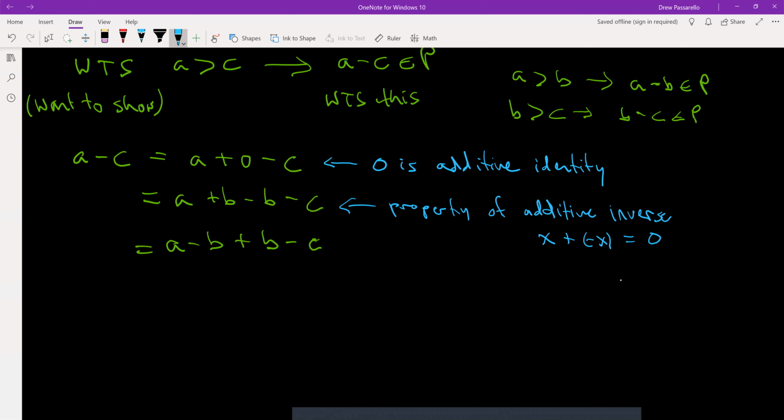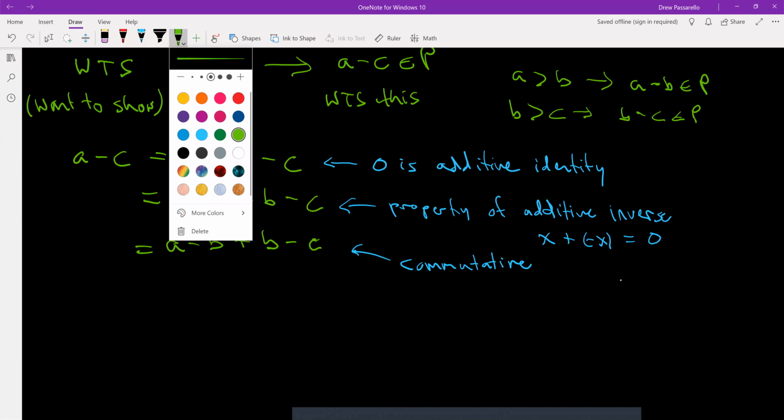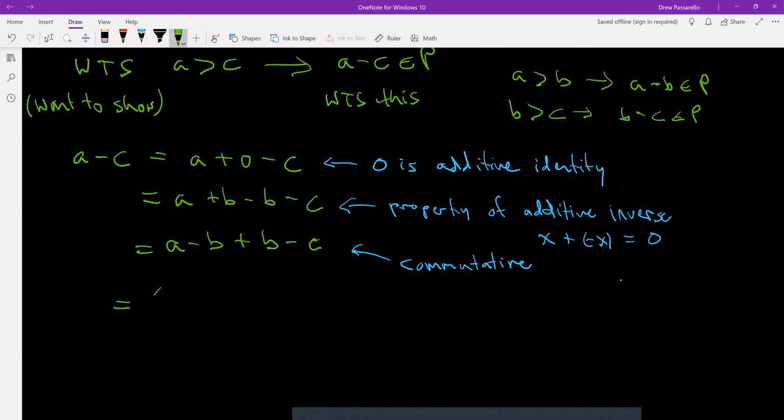All right, then I just switch the order around using the commutative property. And then I can group A minus B and then B minus C. That's associativity.